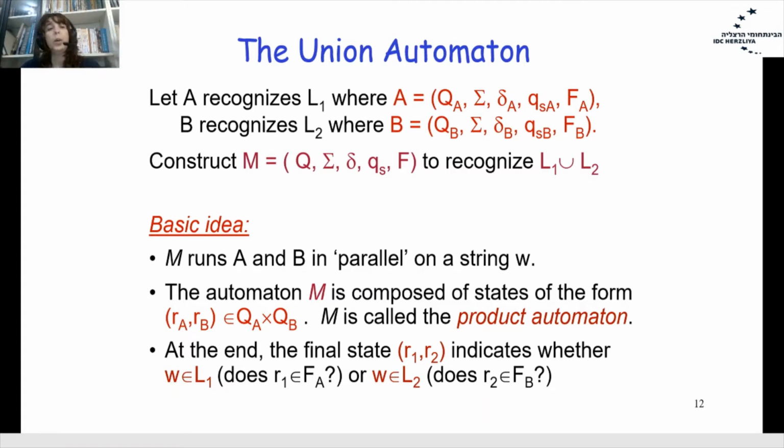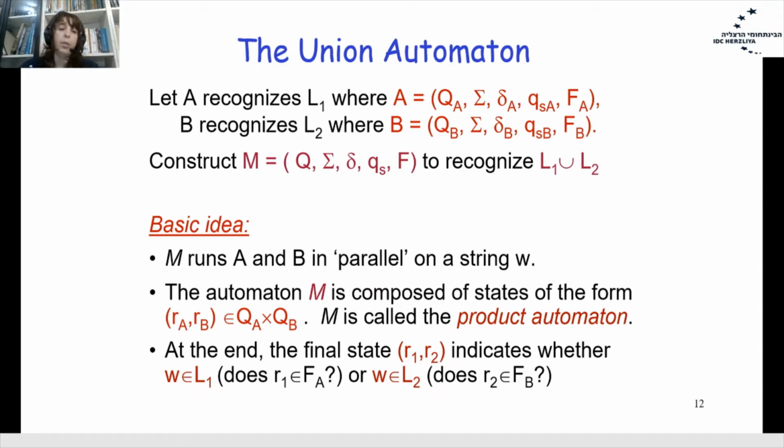Additional question. When we decide that the word W belongs to the language L1 union L2, we know that in union, it doesn't matter if the word belongs to L1 or to L2, it is enough for us. So basically, when we finish reading the word at the state R1 or R2, we decide if W belongs to our union language.